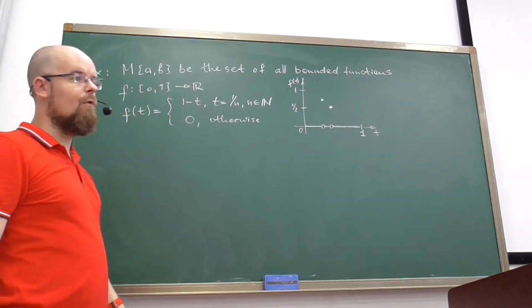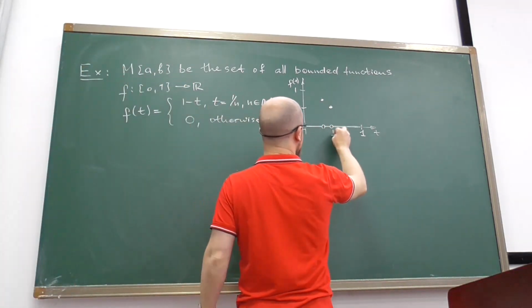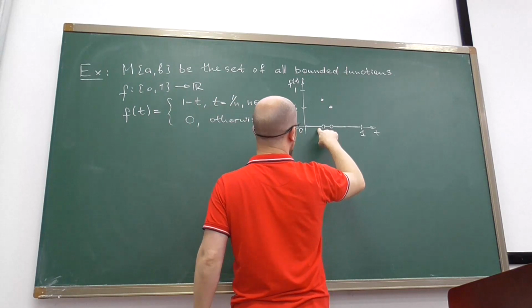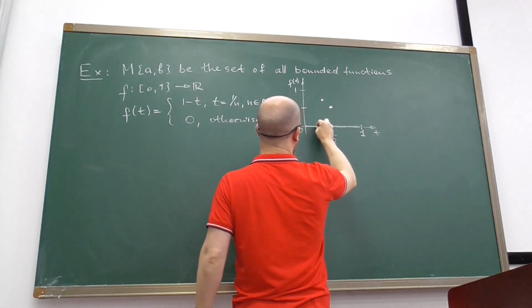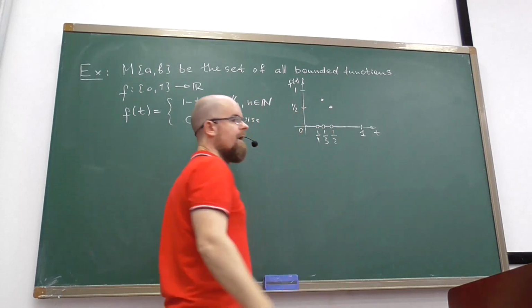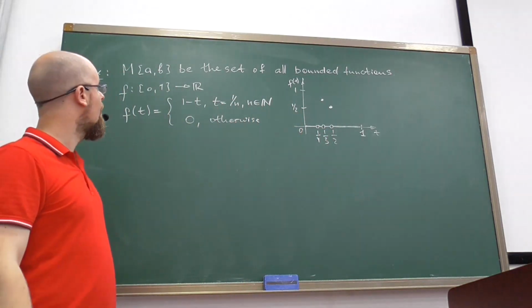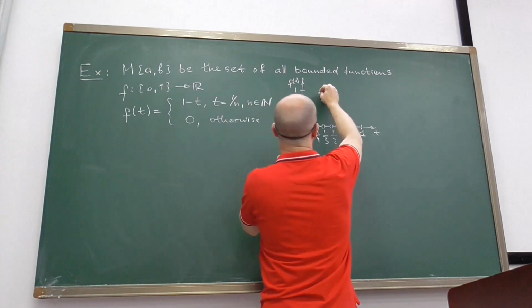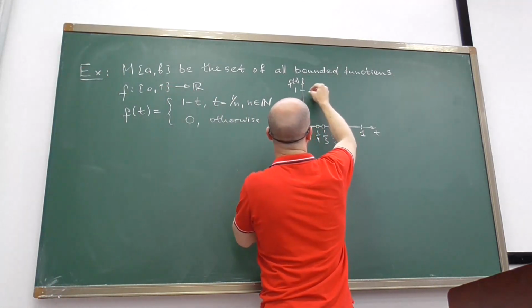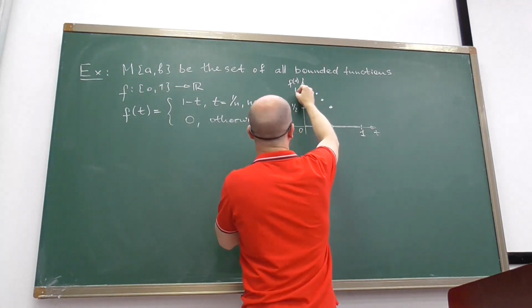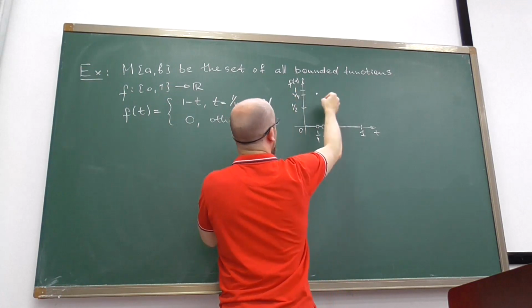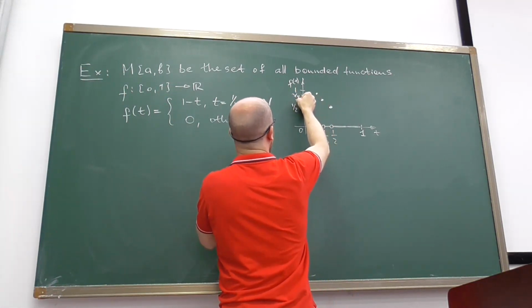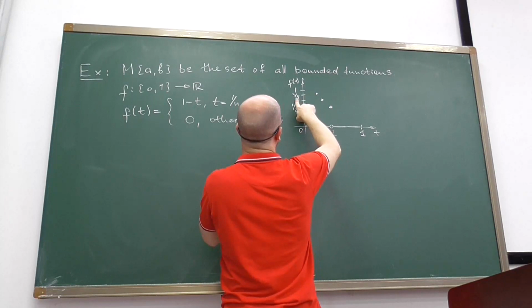When n is 4, t is 1 over 4, and 1 minus t is 3 over 4.